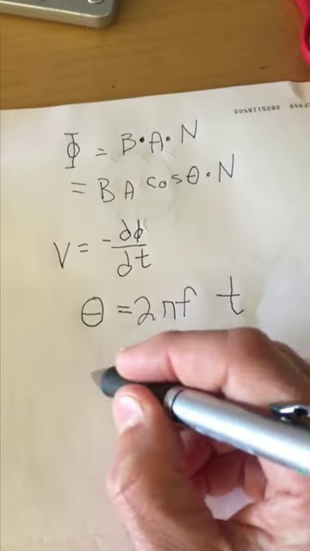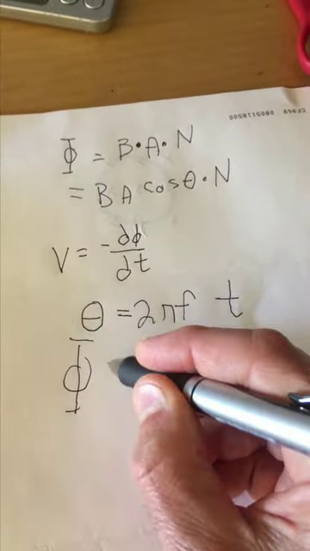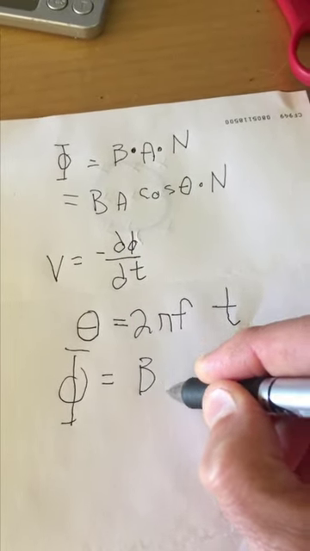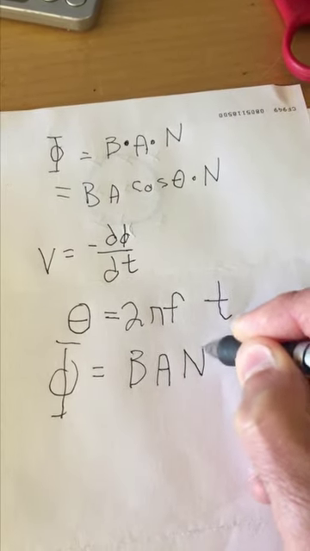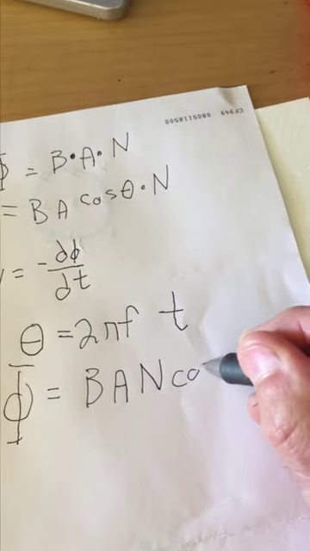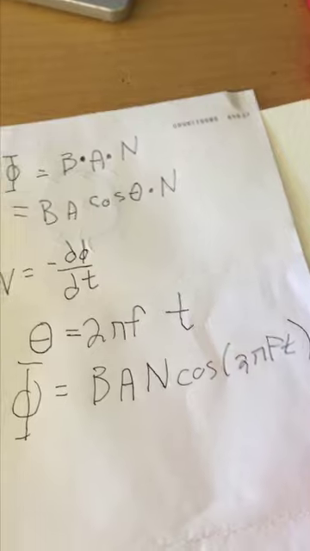So I can rewrite this expression for the flux as phi equals B times A times N times the cosine of 2 pi ft. And you can test this.